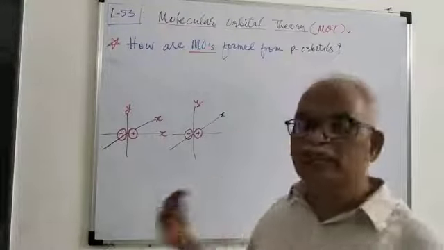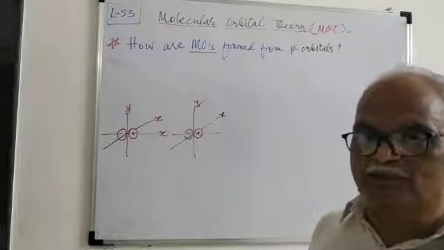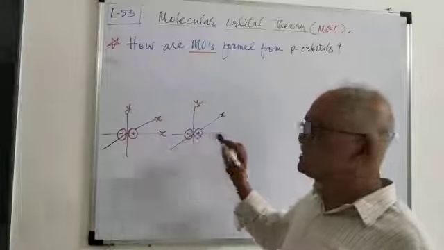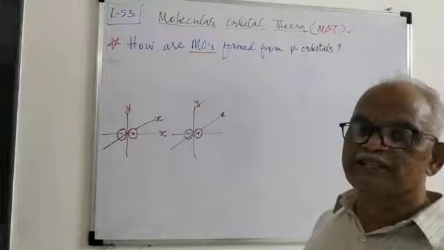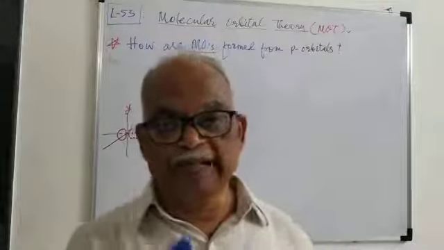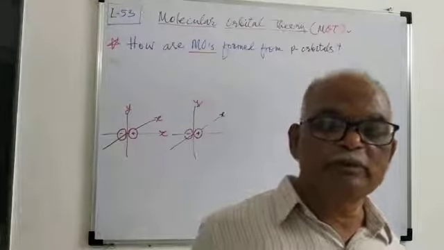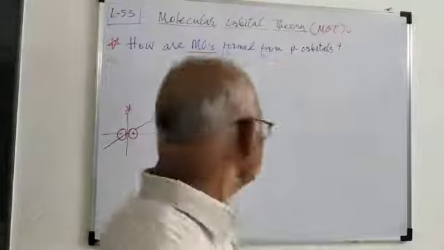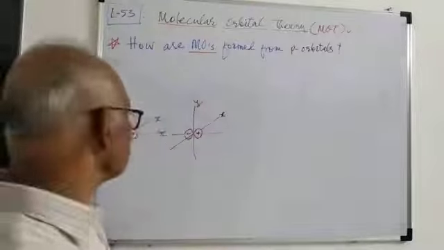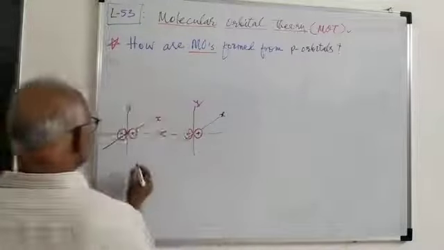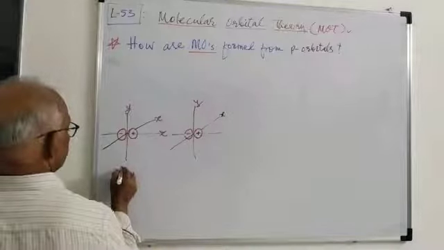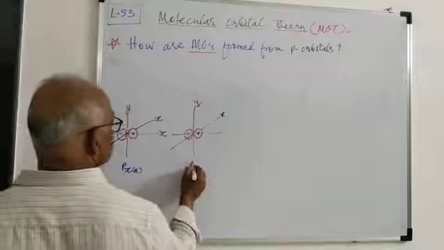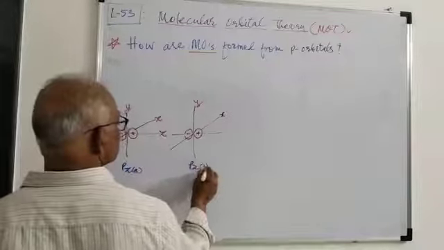So in order to make it convenient to draw and consider, we consider the internuclear axis as the z axis, so that it is easy to explain the linear combination of atomic orbitals in d orbitals and multi-atom systems. So we know that this is pz A and this is pz B.